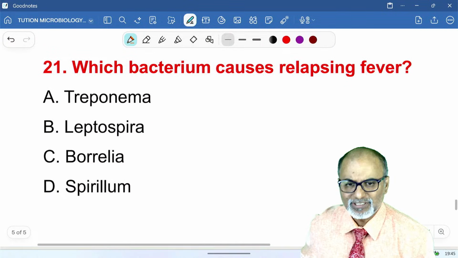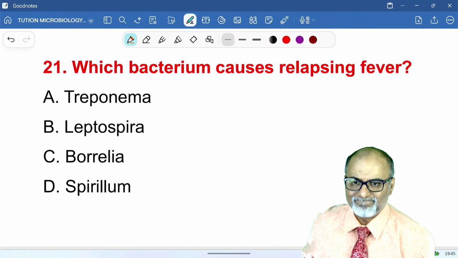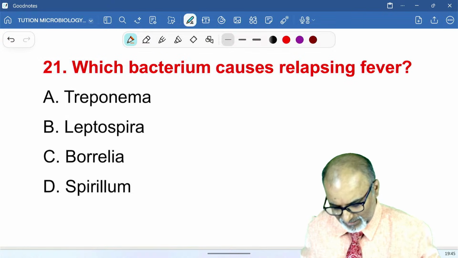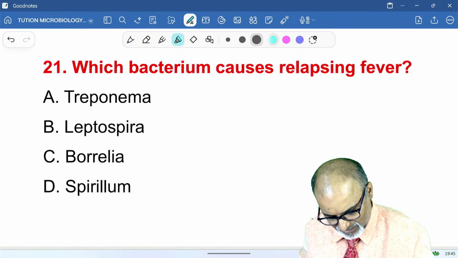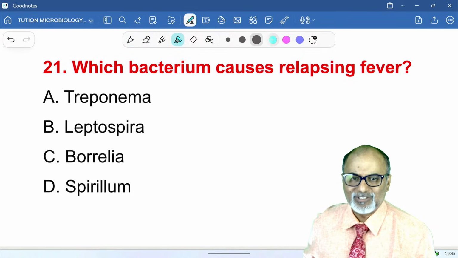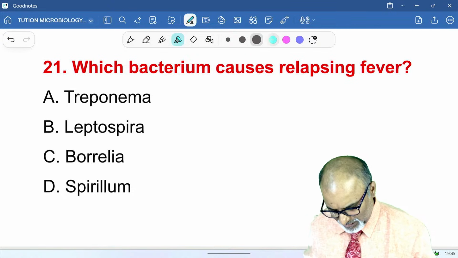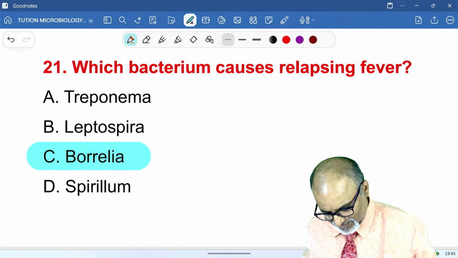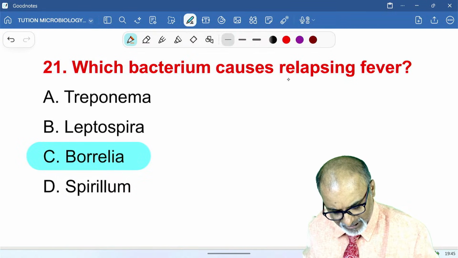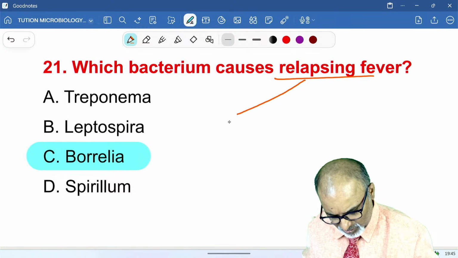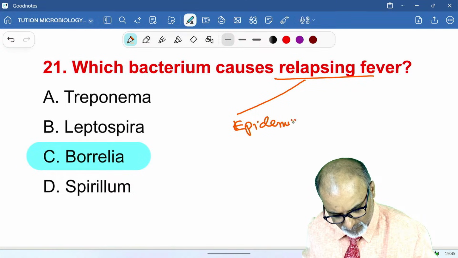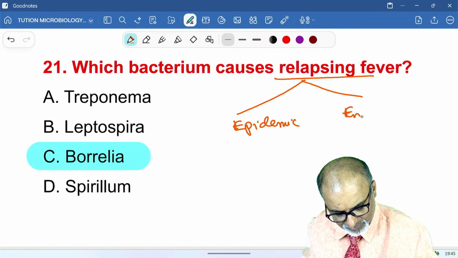Which bacterium causes relapsing fever? Relapsing fever is caused by Borrelia recurrentis. There are two types. One is called epidemic, another one is endemic.